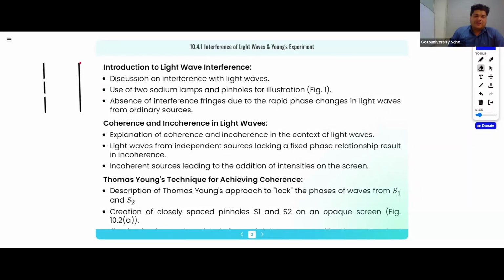Okay, and here we have a source. Here we have a light source. It can be anything. I'm not saying it's the sun, it's a light source.